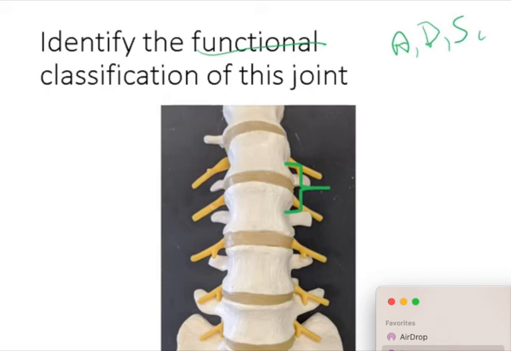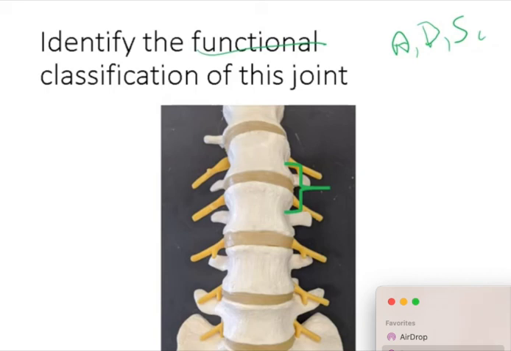If it asks for the structural classification, the choices are fibrous, cartilaginous, and synovial. So if a joint is fibrous, it's a synarthrosis. If a joint is cartilaginous, it's an amphiarthrosis. And if a joint is synovial, it's a diarthrosis. For most examples, they'll match up like that.